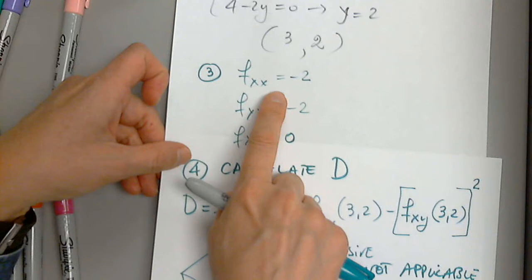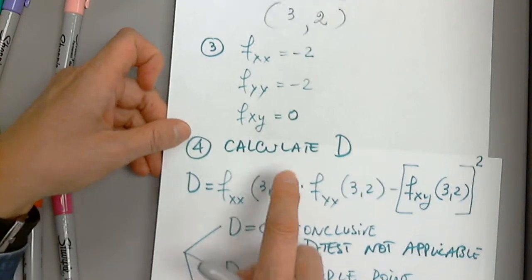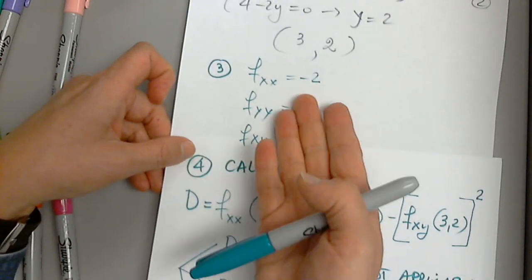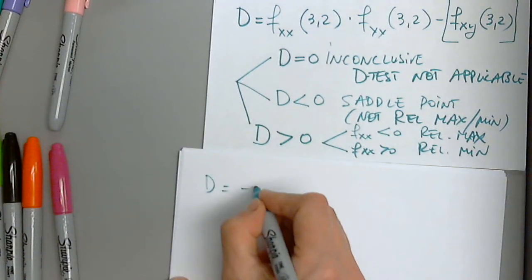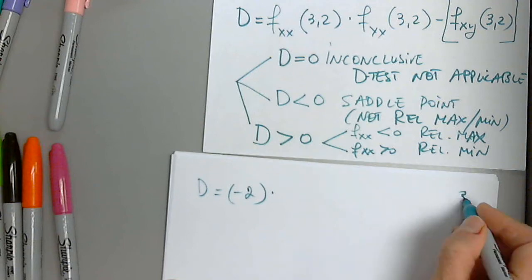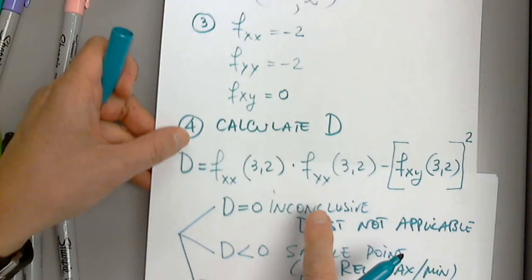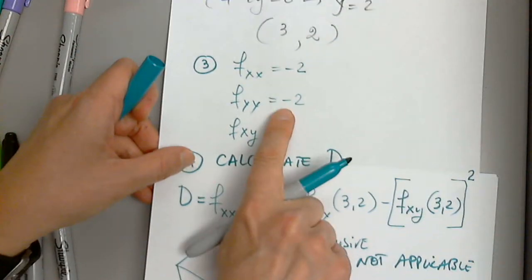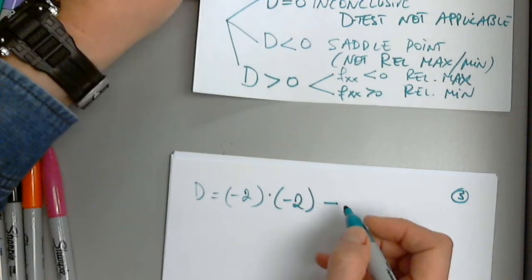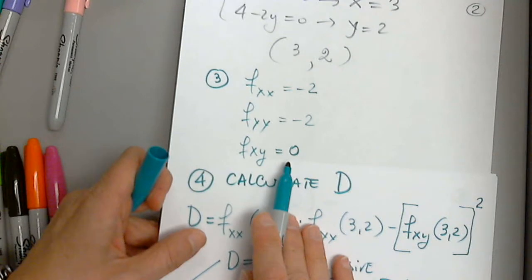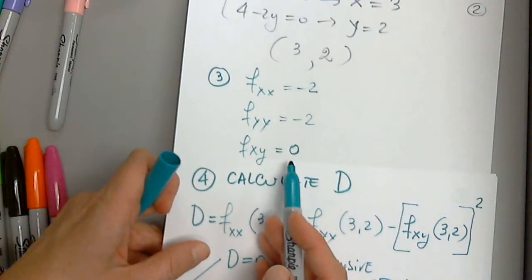So fxx of (3, 2) is negative 2. I can't even plug anything in here. So I'm going to write that D equals negative 2 times fyy. Again, I cannot plug in (3, 2). Minus fxy, it's such a simple example that I cannot even plug in (3, 2).